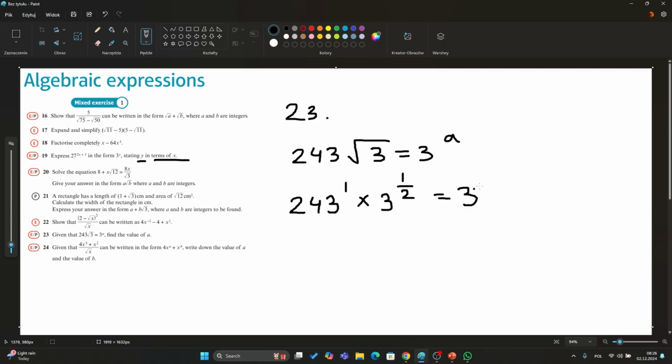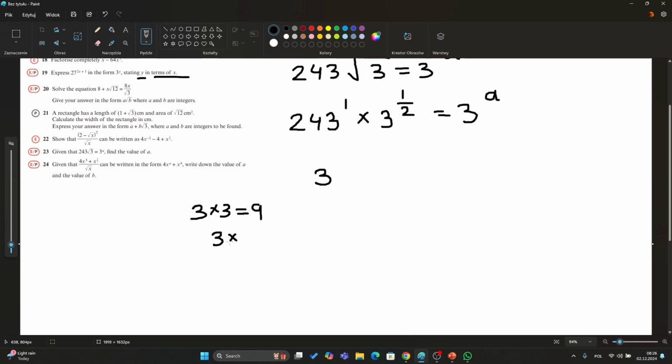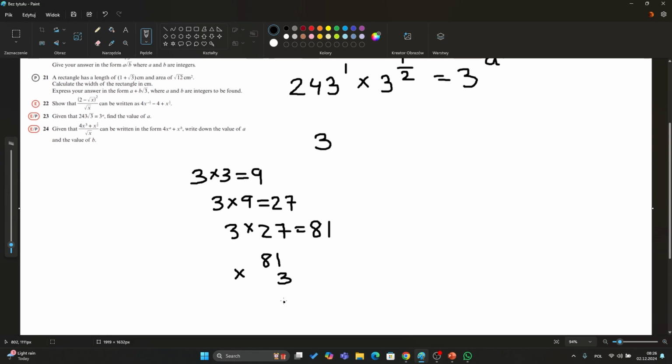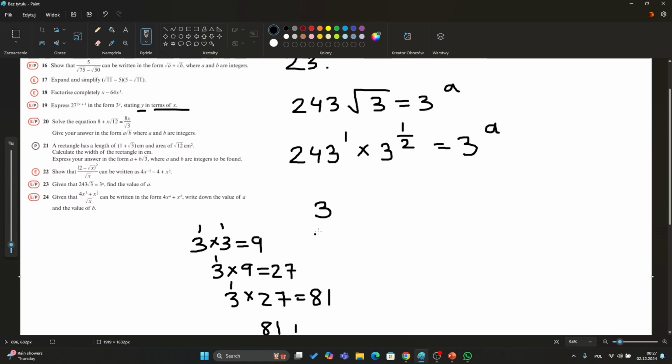equals 3 to the a. Now this 3 times 3 is going to be 9, 3 times 9 is going to be 27, 3 times 27 is going to be 81, 81 times 3 is going to be 243. So we have 1, 2, 3, 4, 5 3's.